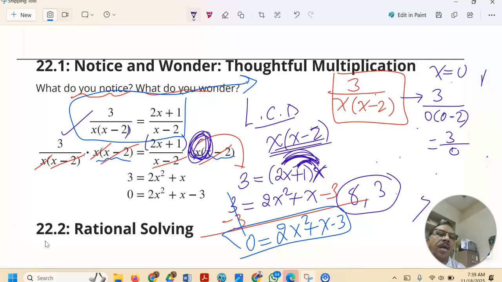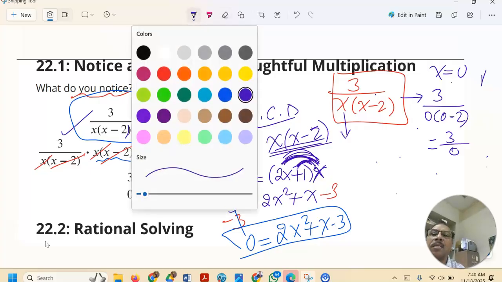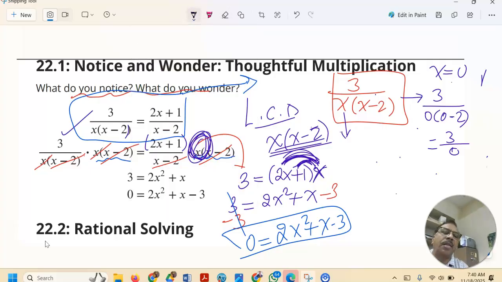So a few things to be noted: your domain should not include x equal to 0. Even though they did not ask us, I will just write down x should not be 0.